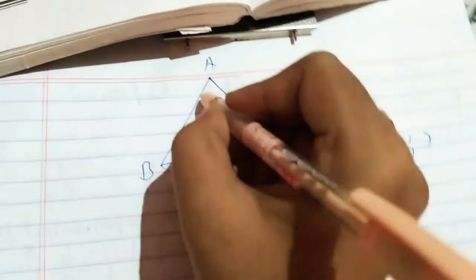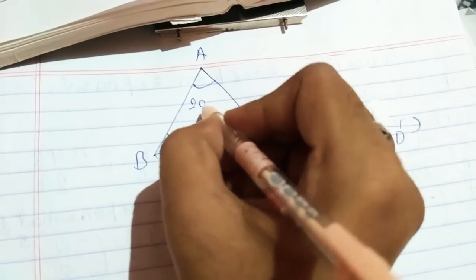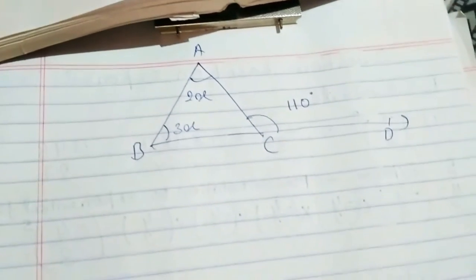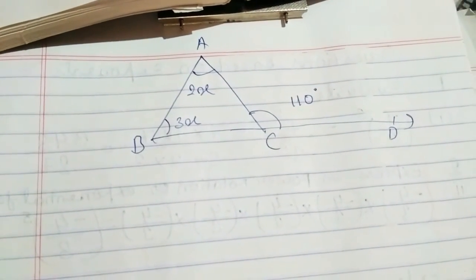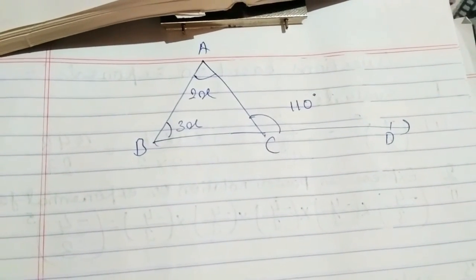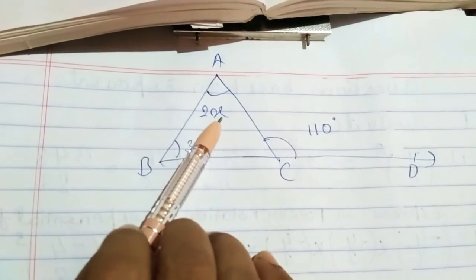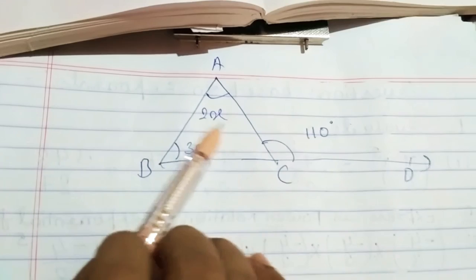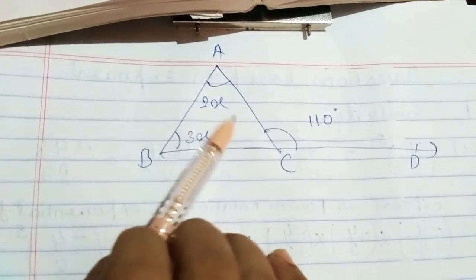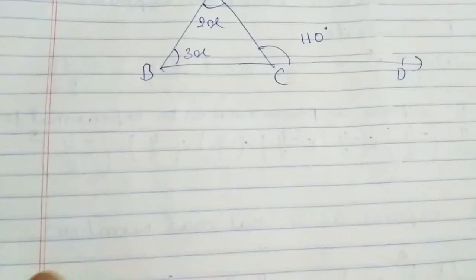So I always tell you that whenever you see a ratio, just put x after this ratio and you can find the value of x. After this you can find the value of the required angles. So a ratio is given 2:3. I just put x after these digits and let the measure of angle A be 2x and angle B be 3x.